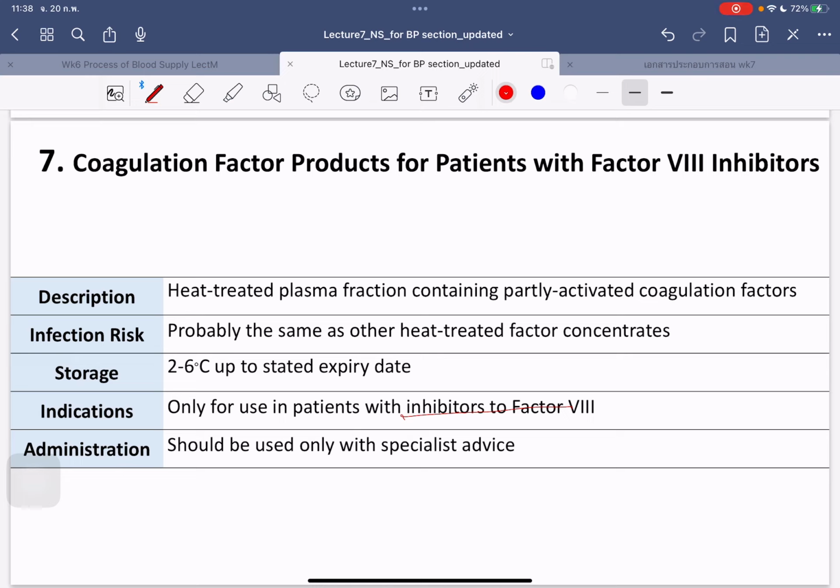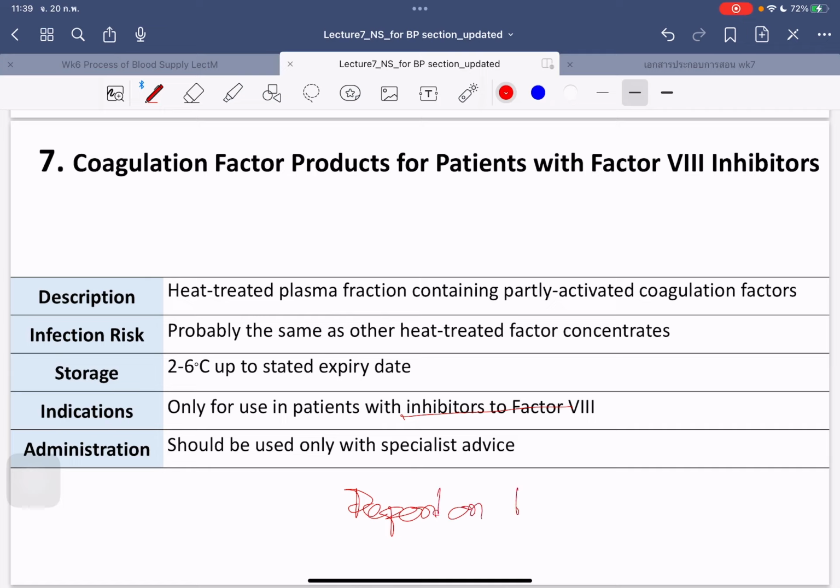If you know that the patient has a factor A inhibitor, there is a coagulation factor product for those patients. By the way, it's not available in all hospitals. It depends on the doctor to keep the medications.